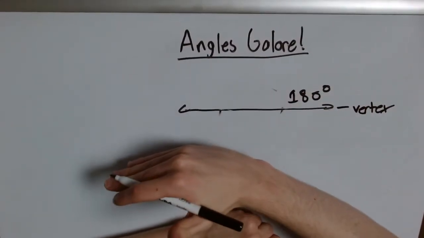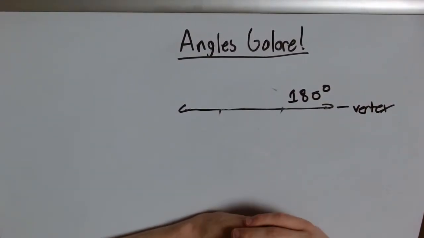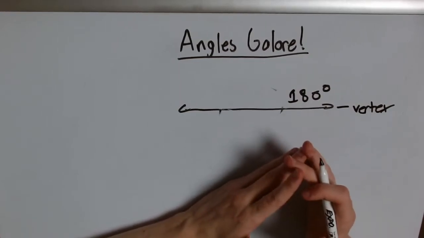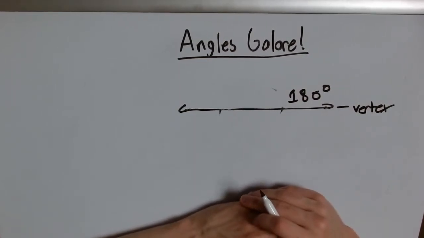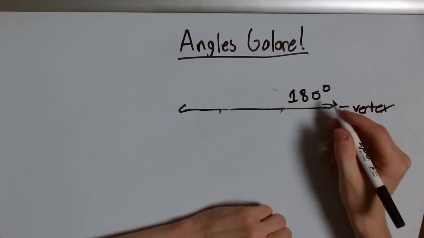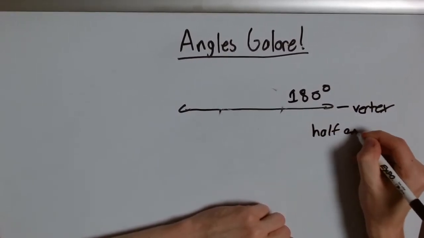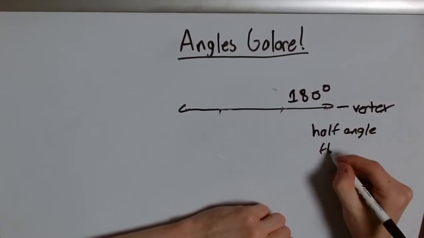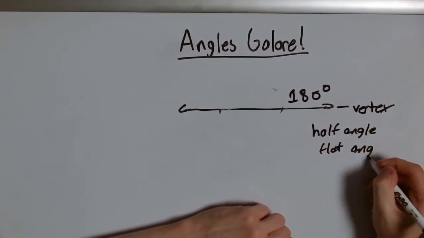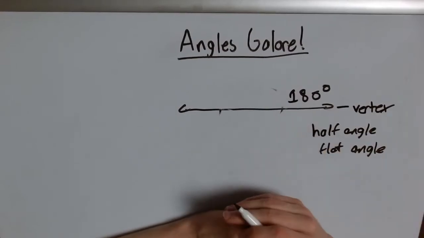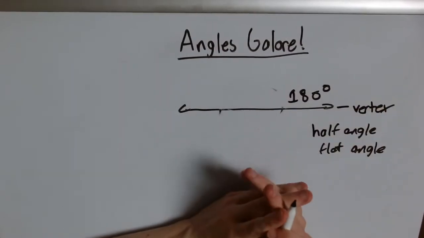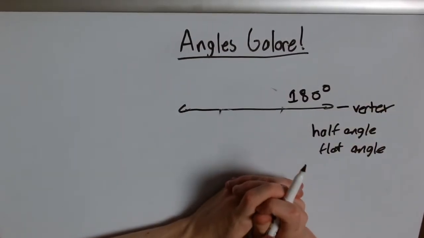We're basically taking a line through that and cutting it in half. Now, 180 turns out to be half of 360, right? So we can call this a half angle, or flat angle, or whatever you want to call it. Basically, when you see a flat line, you know that's equal to 180 degrees.